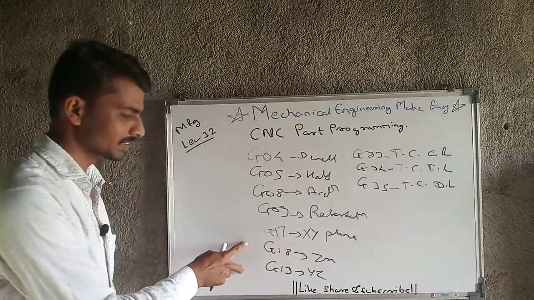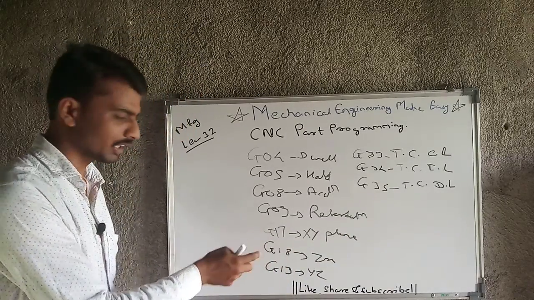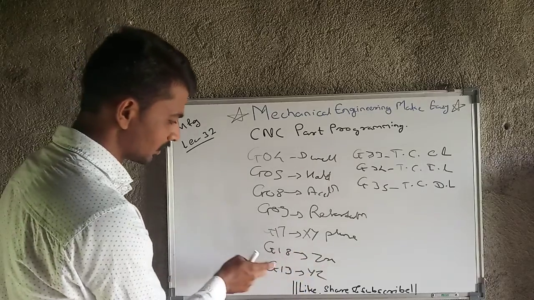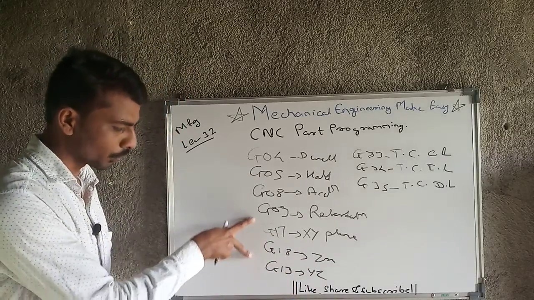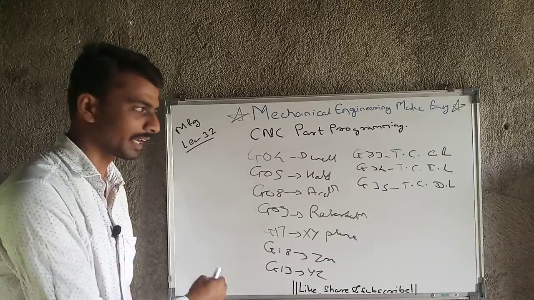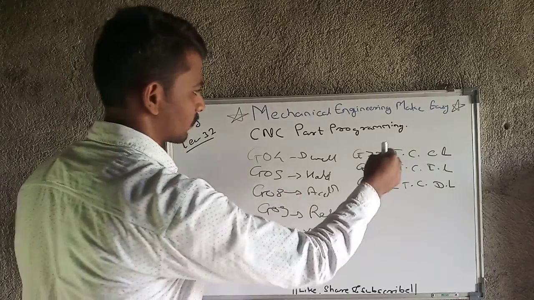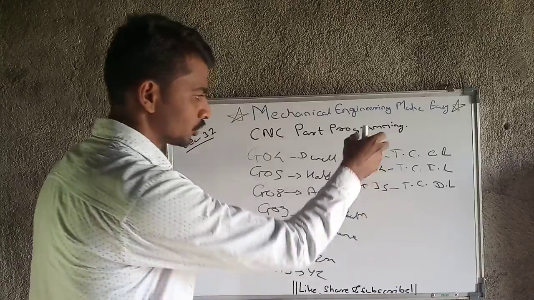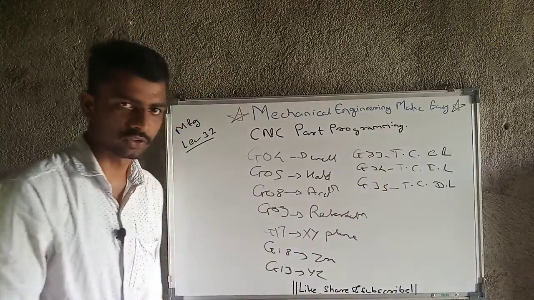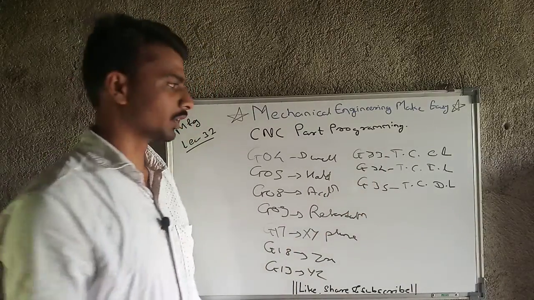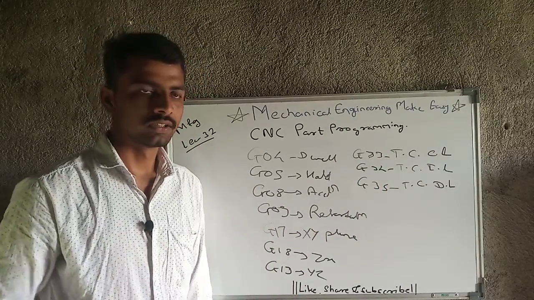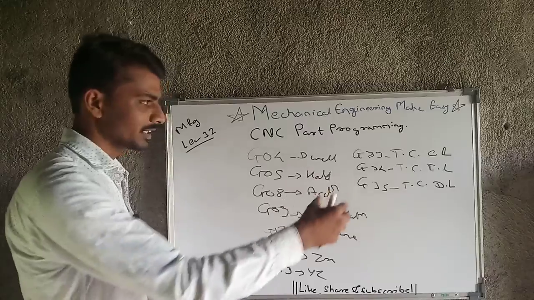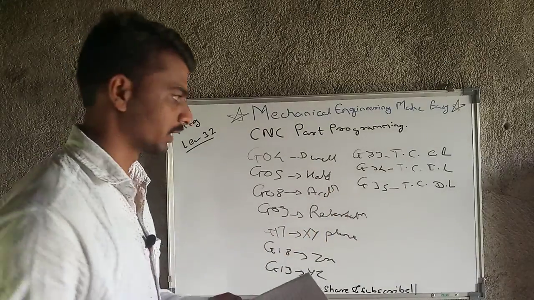After that, for plane selection, XY plane G17, ZX plane G18 and YZ plane G19. Likewise they are provided in sequence 17, 18, 19, 8, 9, after that 33, 34, 35. So note down these differences also, so that while taking notes you will be comfortable, and while recalling these things you will also be comfortable.